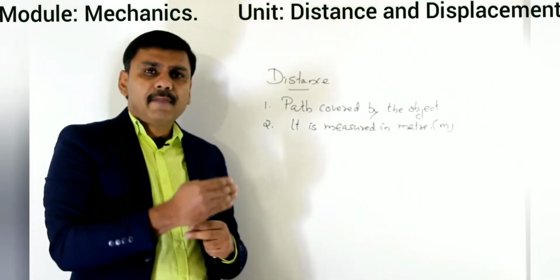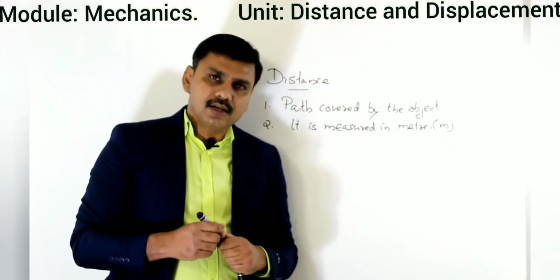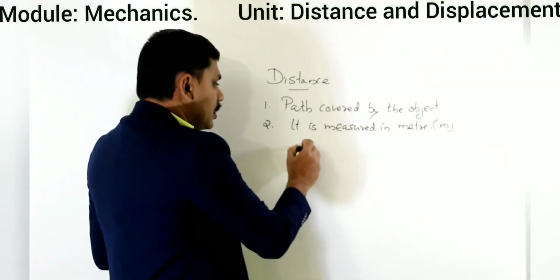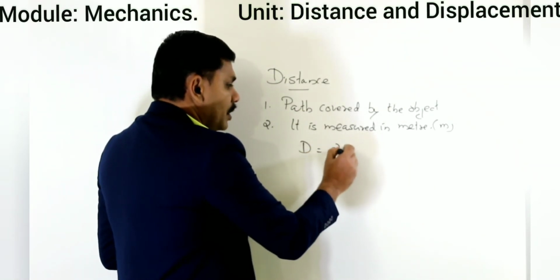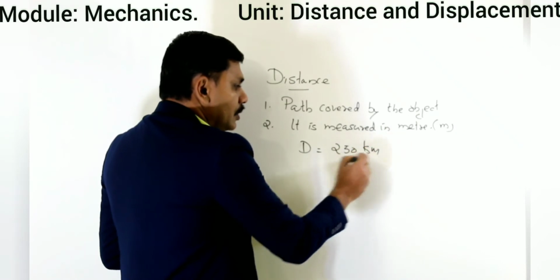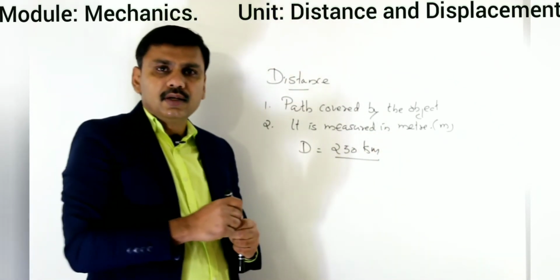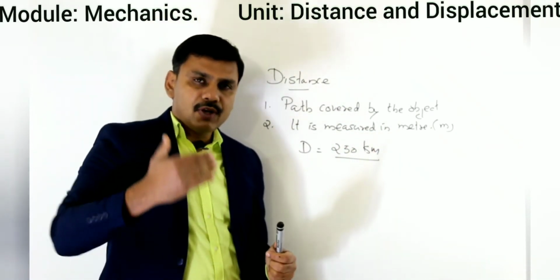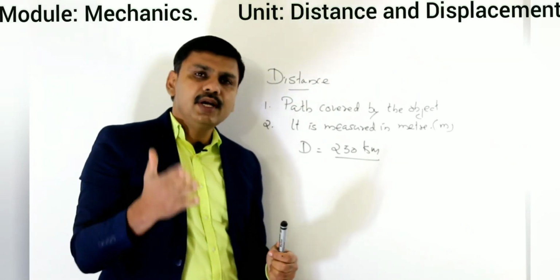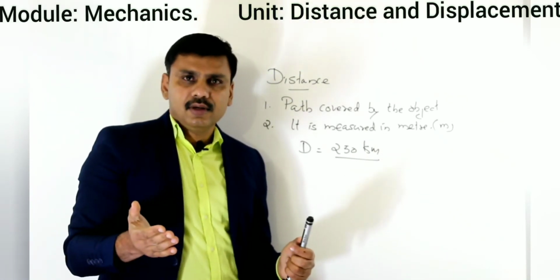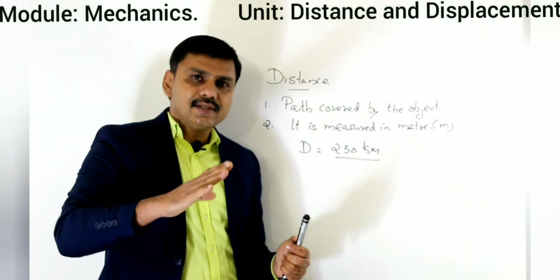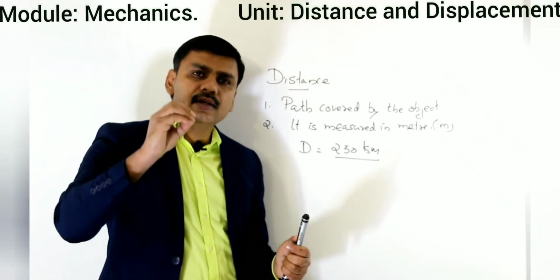For example, from Umtata to East London, the distance is 250 kilometers. Here 250 kilometers is the magnitude. So when you express distance, there is no need of saying its direction. You can represent distance completely by its magnitude.